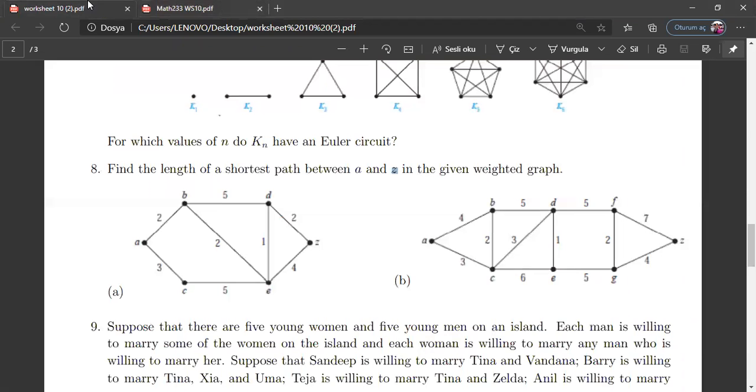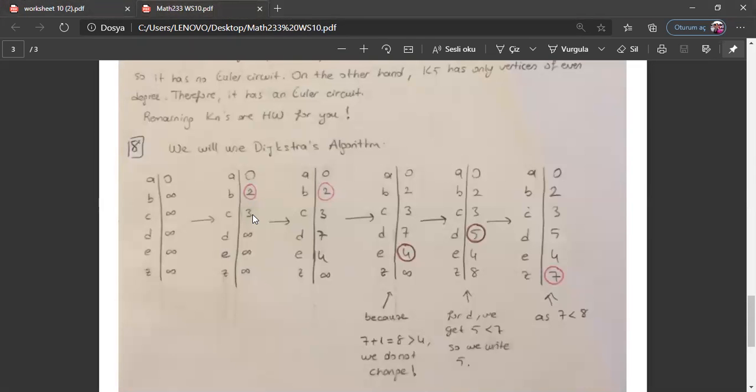You look at which vertices are connected with A. They are B and C, so we write B and C and the weights of the edges. For A and B we have 2, and for A and C we have 3. We see the least one is 2, so we go from there.